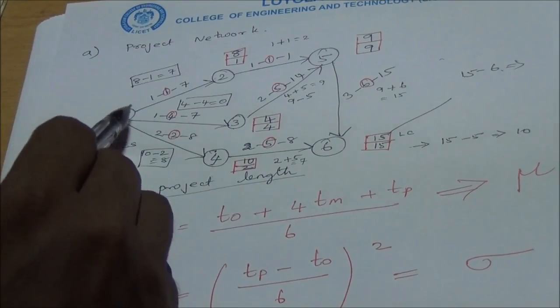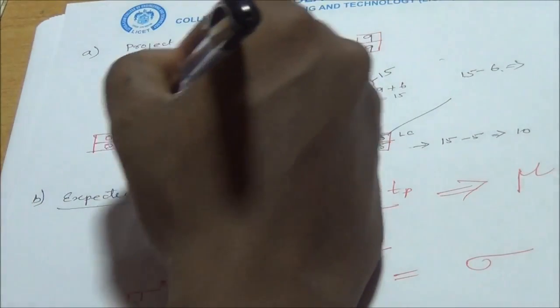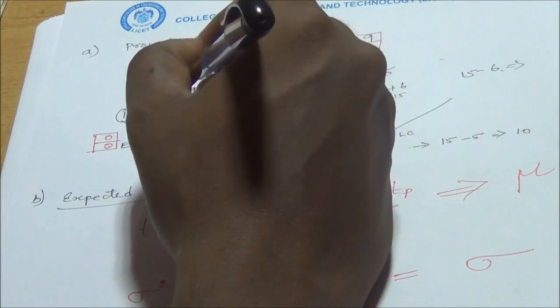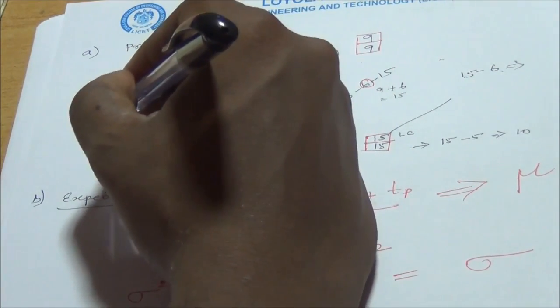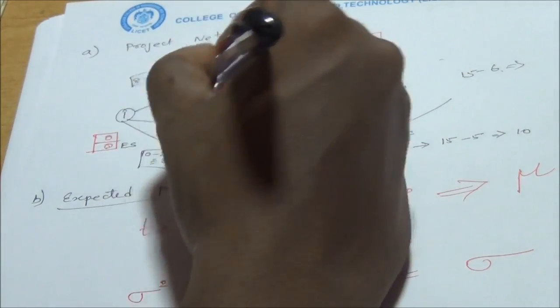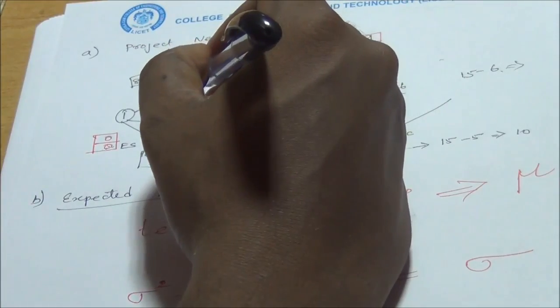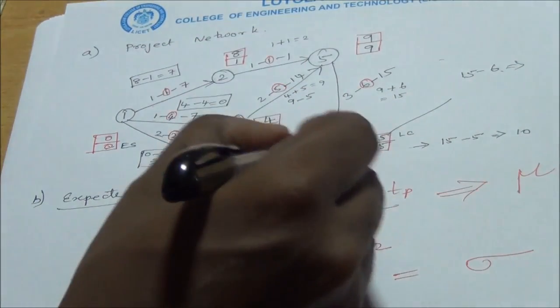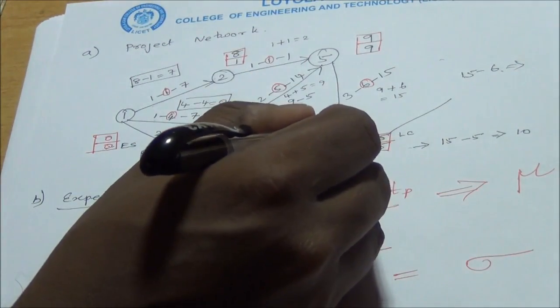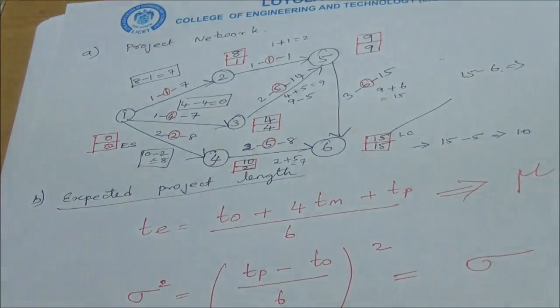For calculating the earliest start time, we have to check the incoming arrow. Here there is no incoming arrow for 1, so we put 0. For 2, we have only one incoming arrow, so we take 0 plus 1 here. Similarly for latest completion time, we calculate from the outgoing arrow, 15 minus 6, which is 9.